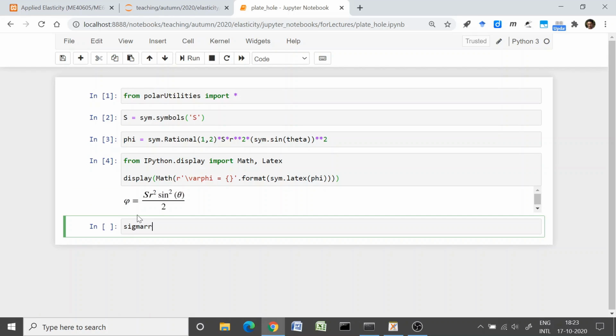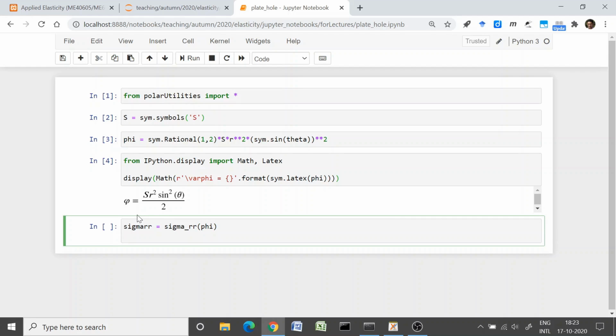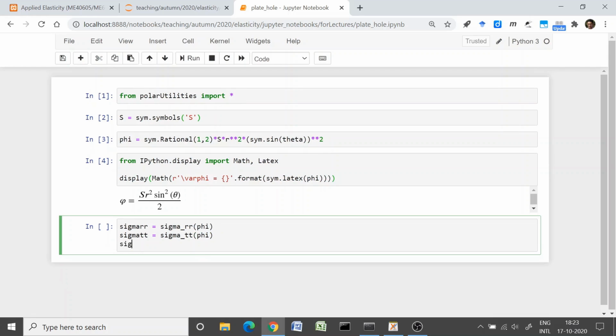Now corresponding to this, what is sigma rr? We use these function definitions, sigma_rr, which is the function name defined within the polar utilities package. Similarly for sigma theta theta and sigma r theta.